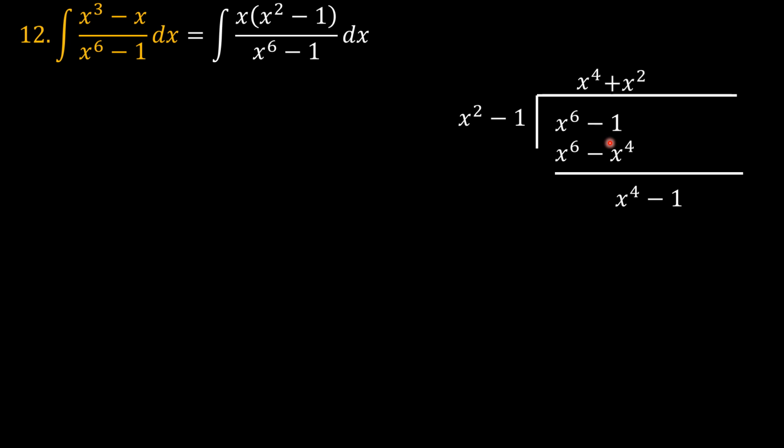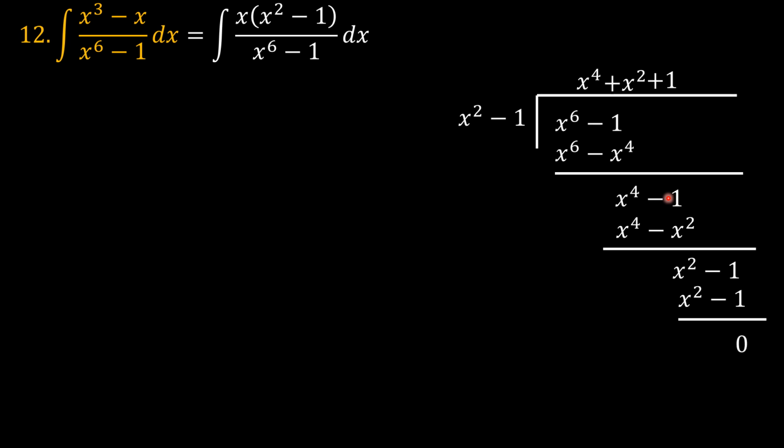Then you multiply x squared with x squared minus 1, we have x to the power 4 minus x squared, and so the difference there is x squared minus 1. Then you multiply by 1, and so you have x squared minus 1, and the remainder there is 0.